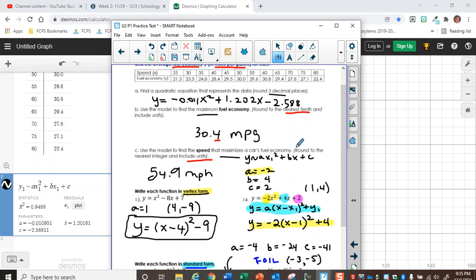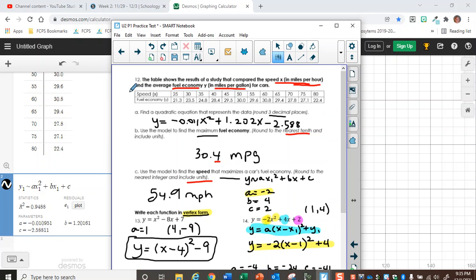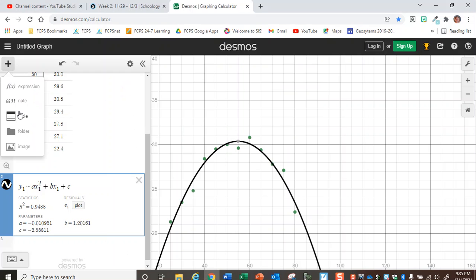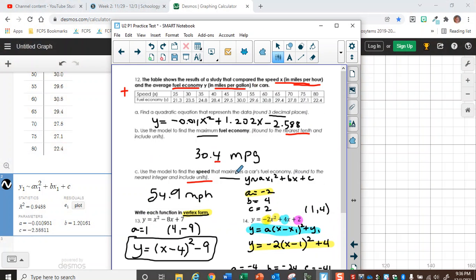Okay, so the key to remember here is to get your table. Remember, you hit the plus sign right here, and then you can add a table. And then to enter in your quadratic regression, remember you just use the standard form, ax squared plus bx plus c.